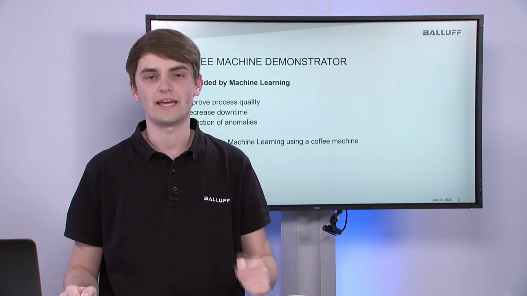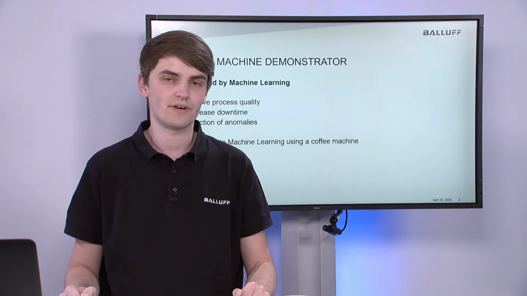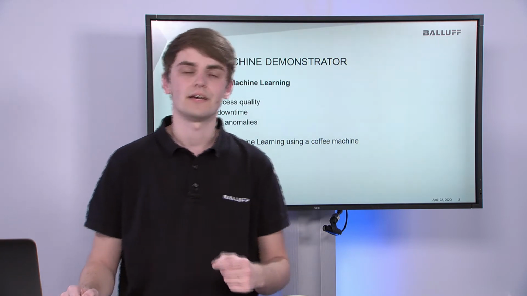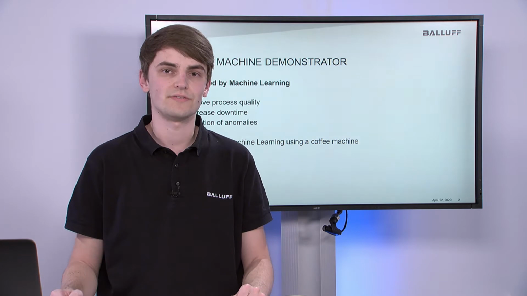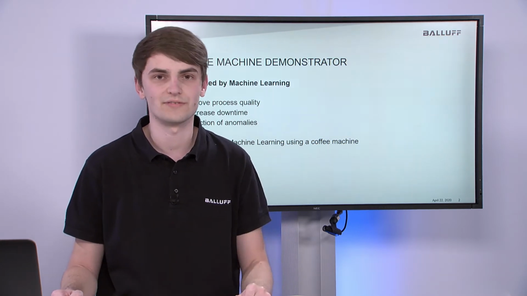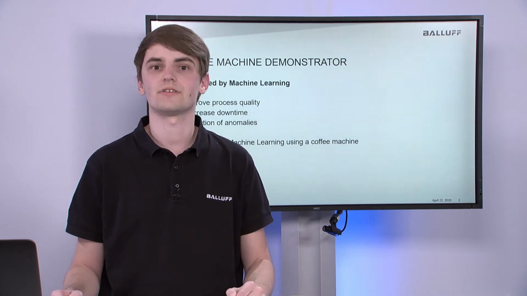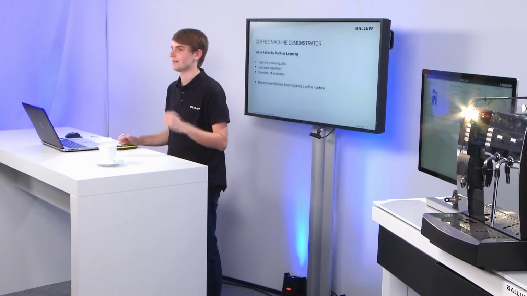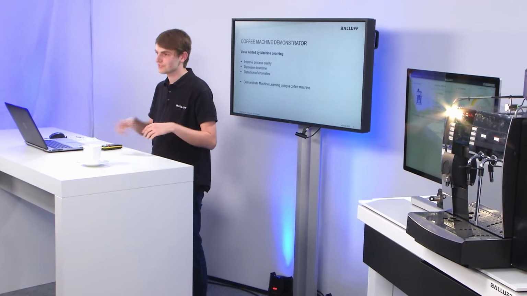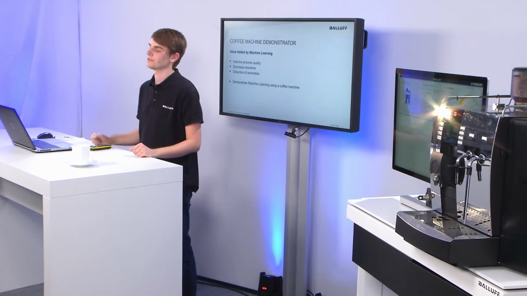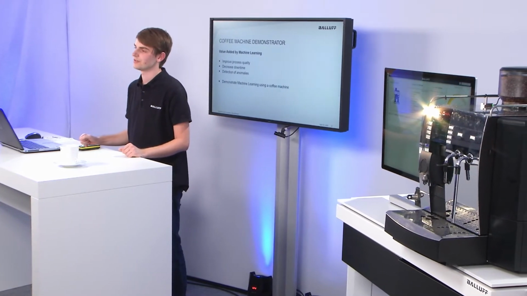Then you can say, I want to be notified or messaged about this, and you can see if certain values in my process are drifting, or if there is a long-term drift, whether I have to take action, or whether this is okay. So you can detect anomalies with that. Therefore, for all these points, I will show you my demonstrator using machine learning and a coffee machine.